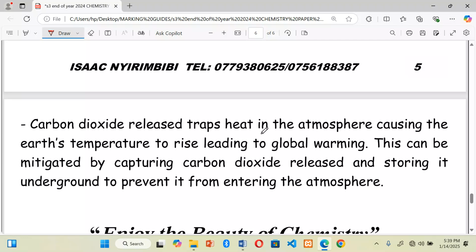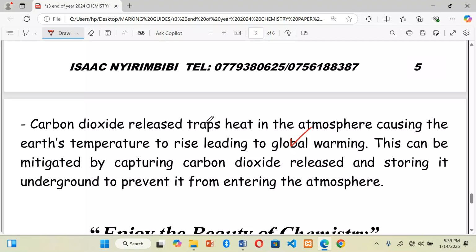It's dangerous. But as you look at the dangers, don't forget to look at its effect, its impact, and then how it can be mitigated, because we're looking at someone who is a problem solver. So let's look at this. Carbon dioxide released traps heat in the atmosphere, causing the Earth's temperature to rise, leading to global warming.